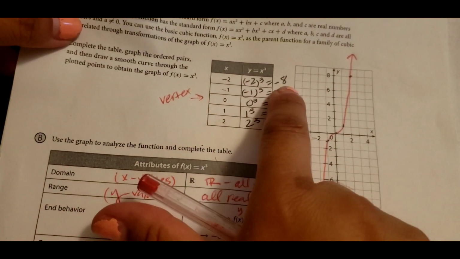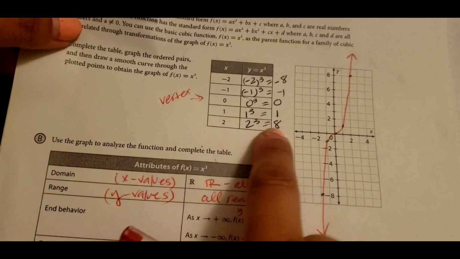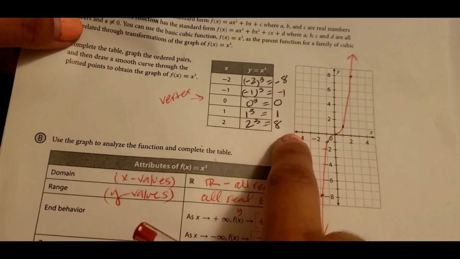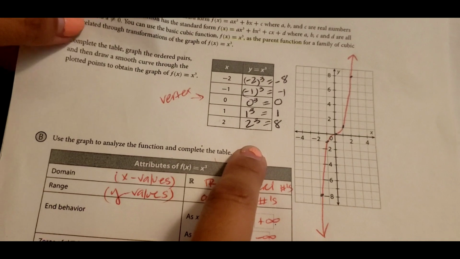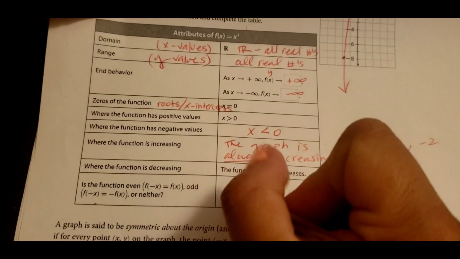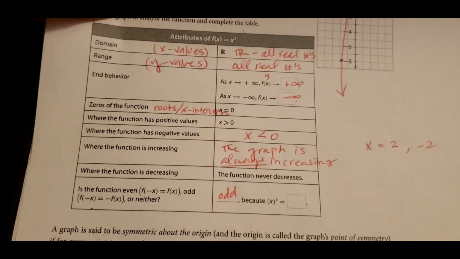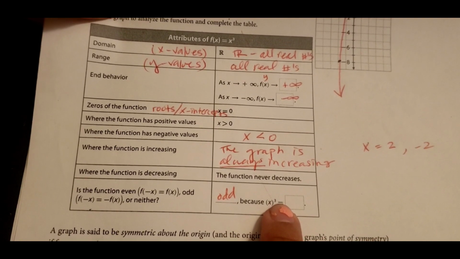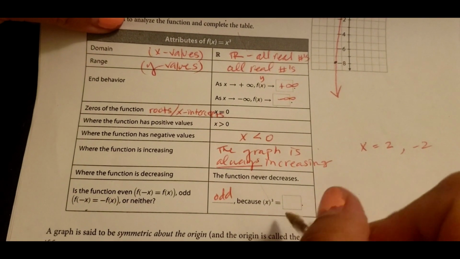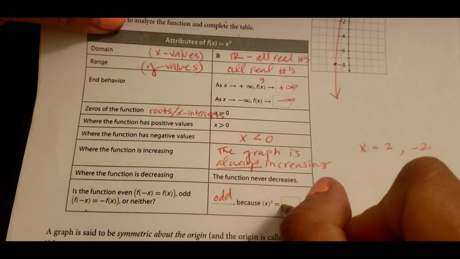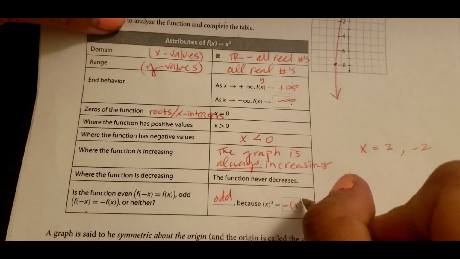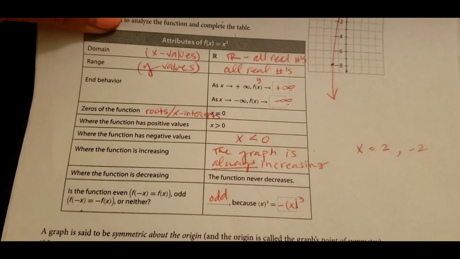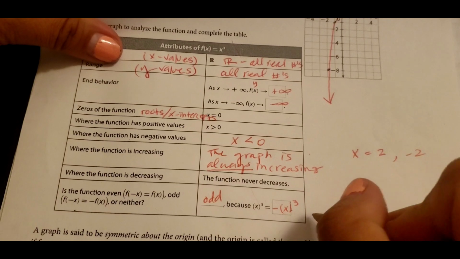So go up to your table and notice when we plug in negative 2, we get negative 8. When we plug in positive 2, we get positive 8. So same values, it's just one's negative, one's positive. Therefore, this is going to be odd because x cubed will give us negative x cubed. Okay, so symmetric through the origin.